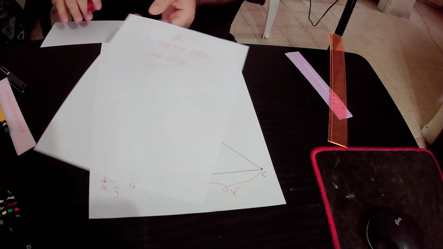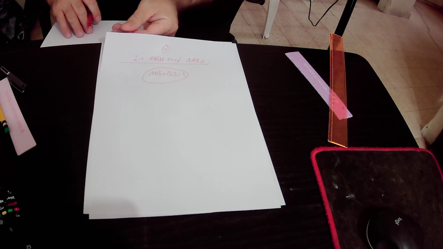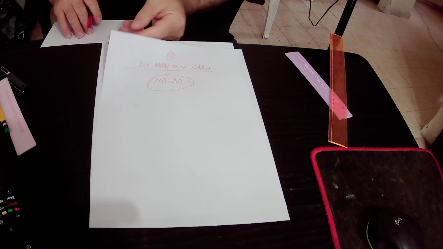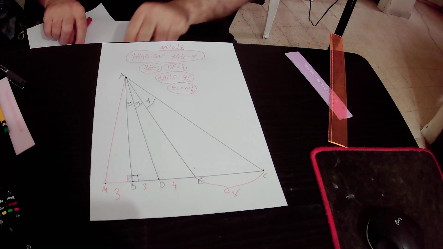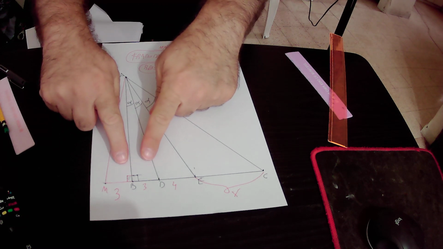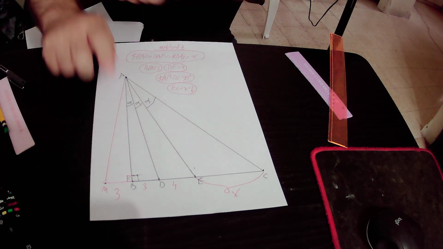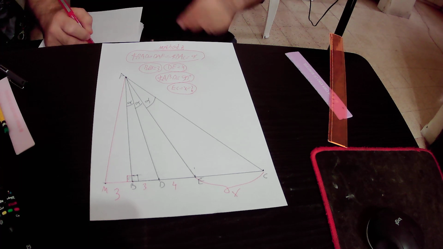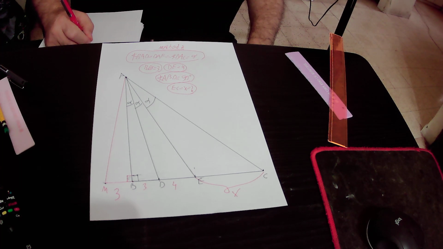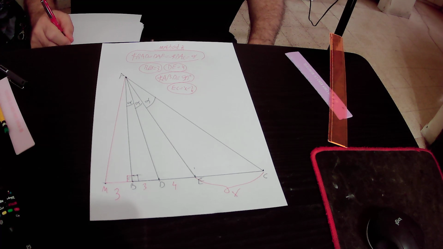So MB equals BD, that equals 3 units. And we also know that those two angles are equal to each other, they are both right angles. So angle ABD, that is a right angle, equals angle ABM, that is also a right angle, that equals 90 degrees.